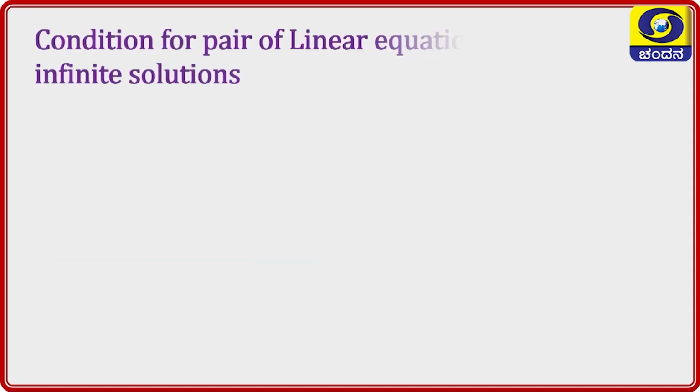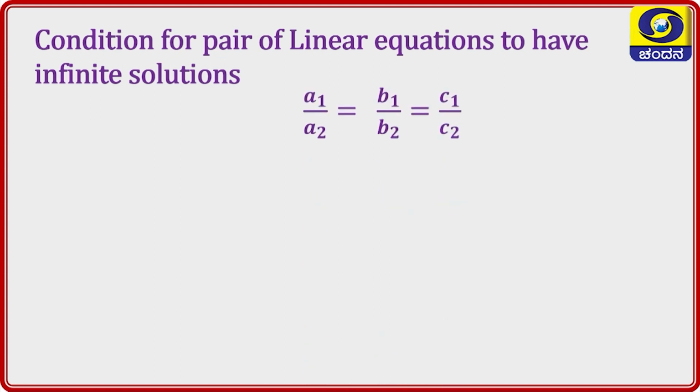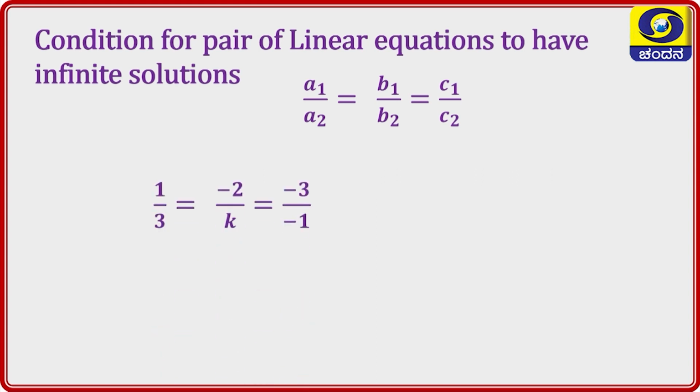Now recall the condition. The condition for a linear pair of equations to have infinite solutions is a1 by a2 is equal to b1 by b2 is equal to c1 by c2. So, substitute the values of a1, a2, b1, b2 and c1, c2 here, children. 1 by 3 is equal to minus 2 by k is equal to minus 3 by minus 1.